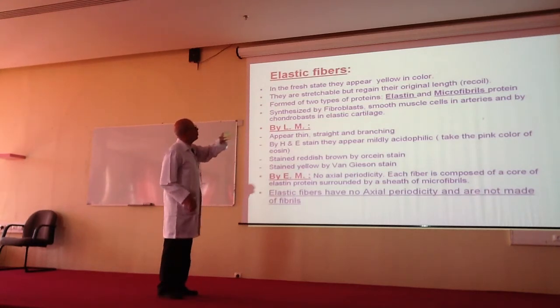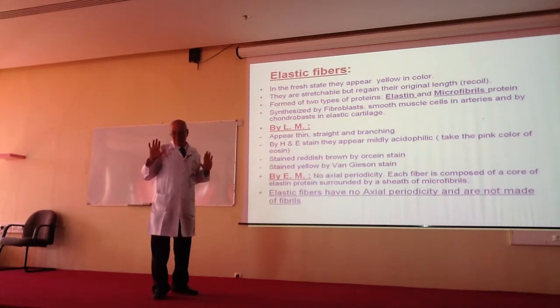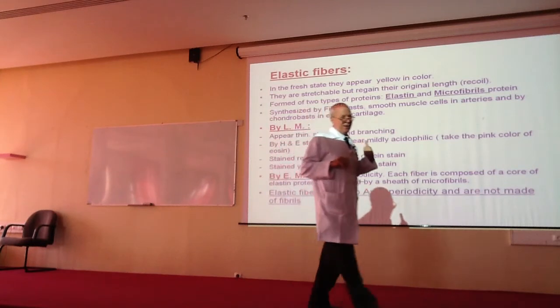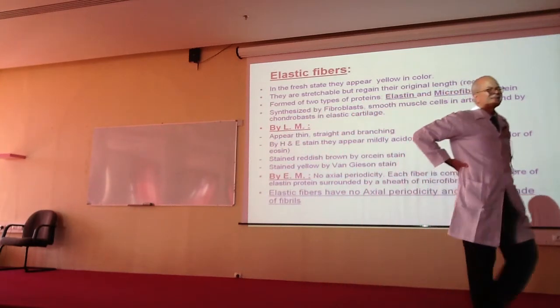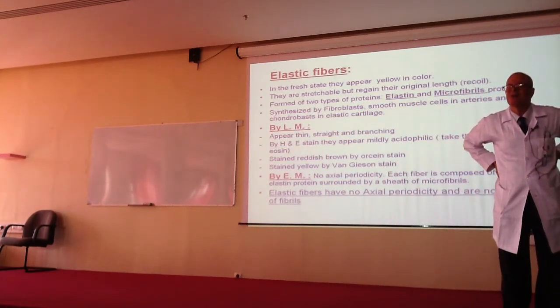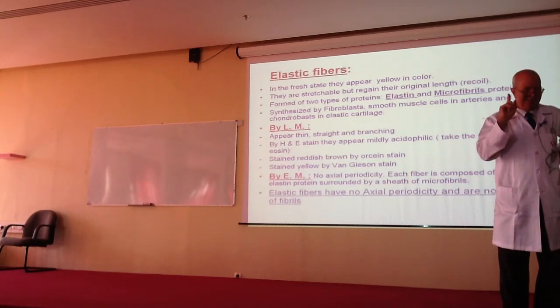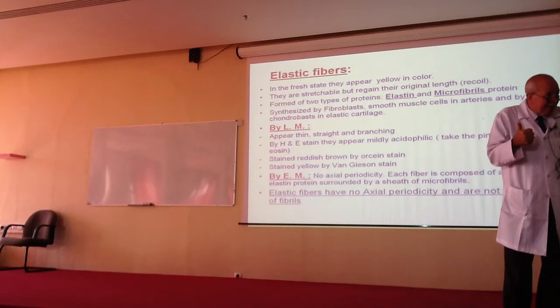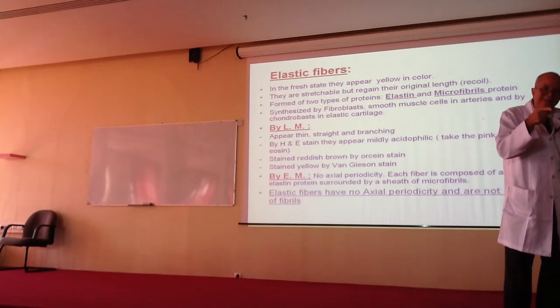Formed of 2 types of protein, elastin and the microfibrils. In the last lecture, I told you the elastic fibers are formed mainly of elastin. And I told you, when we mention mainly, there should be something else.